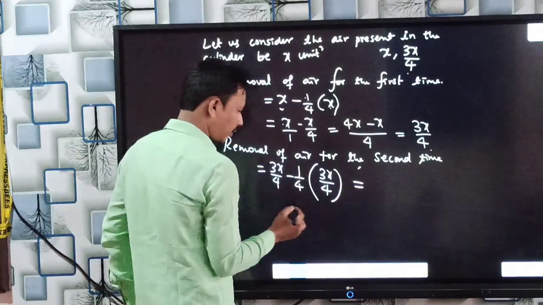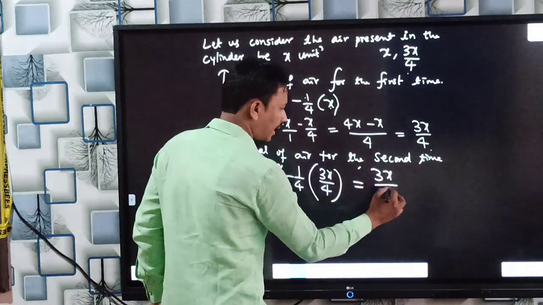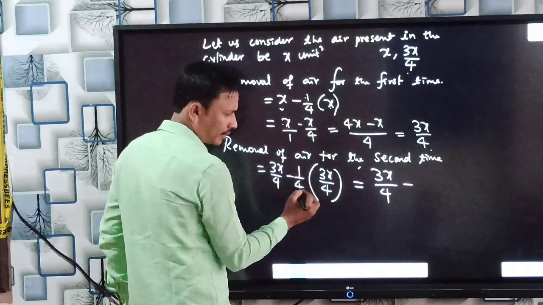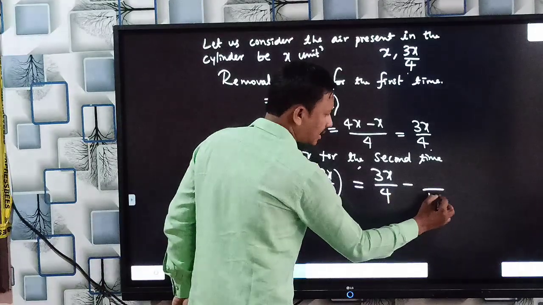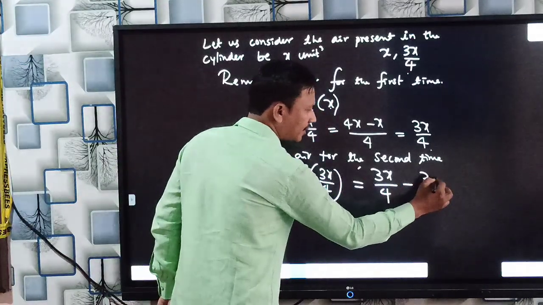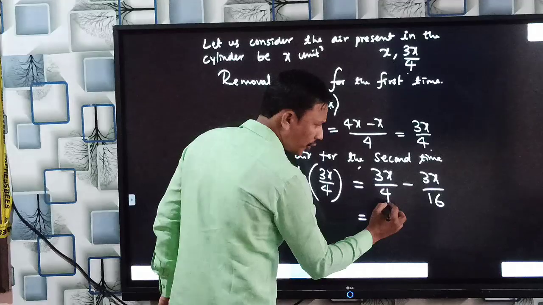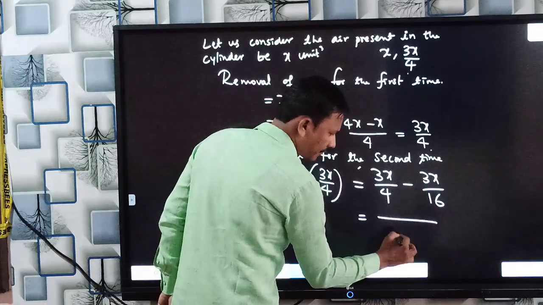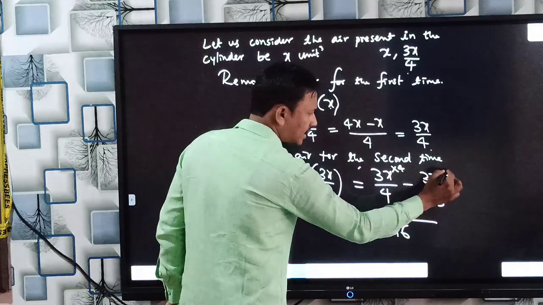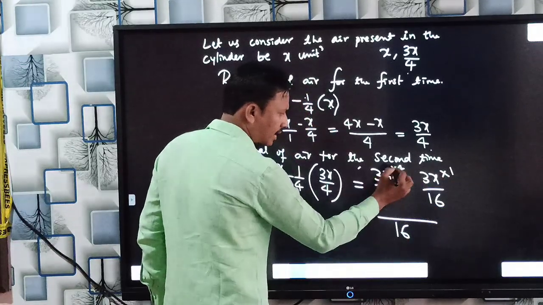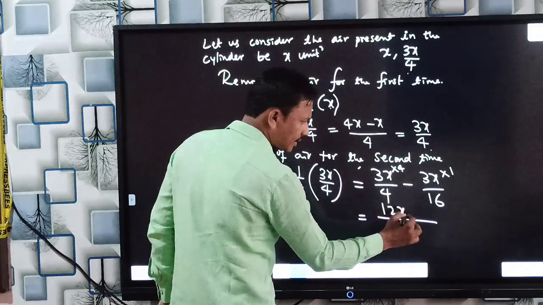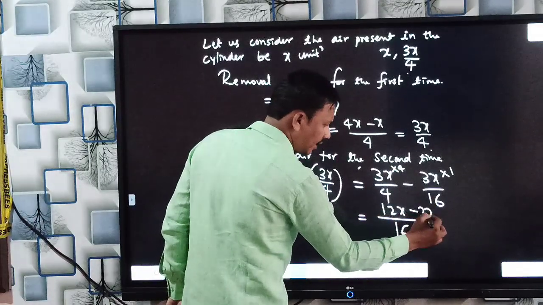This is equal to 3x divided by 4 minus 4 4s are 16, and 3x 1s are 3x. This is equal to 4 and 16, what is the LCM? 16. 4 4s are 16, 16 1s are 16. 3x into 4 is 12x minus 3x 1s are 3x.